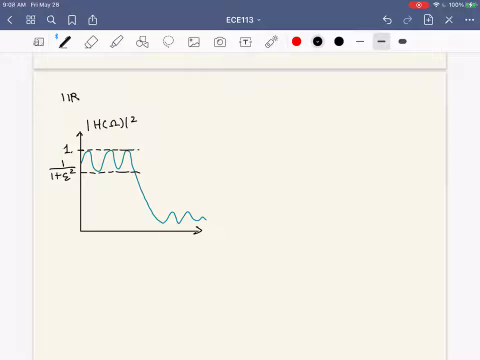The epsilon here is a small value, and you see that adding a small value square to the denominator will make the whole value smaller, right? And we want the epsilon to be small, so our ripples will be small, okay?